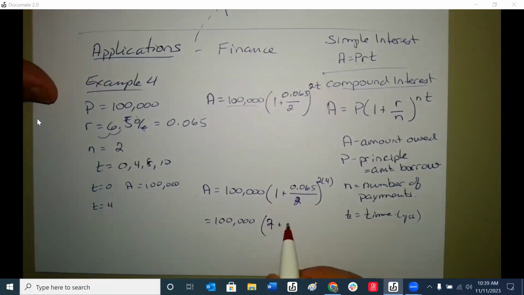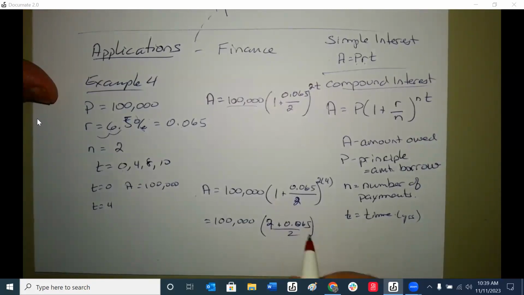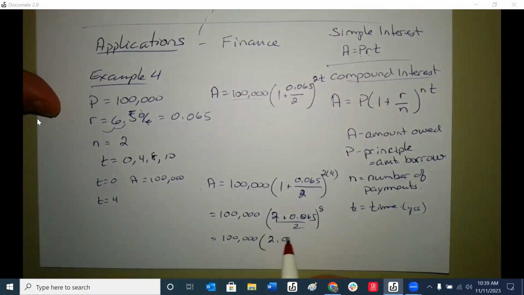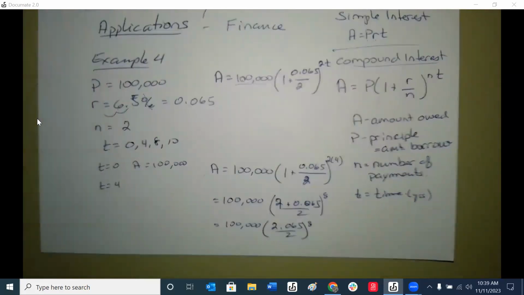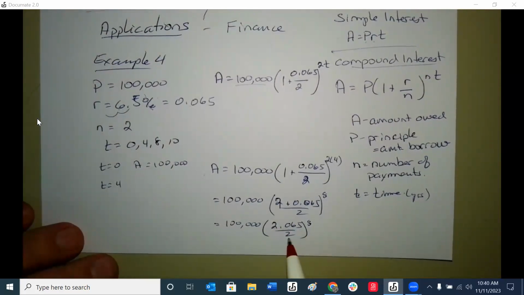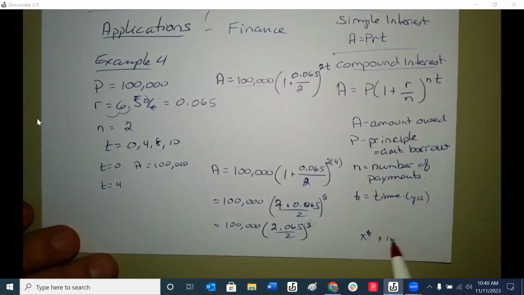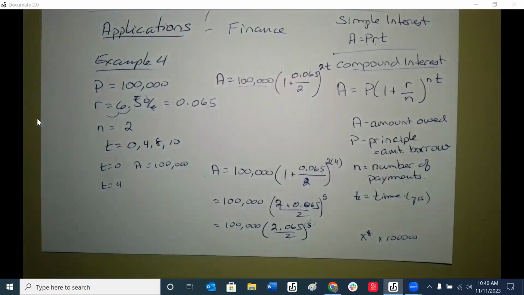So it's 2.065 over 2, to the power 8. Type in your calculator, do this first, 2.065 divided by 2, look for your key that looks like this, press that, enter 8. Then times 100,000. You'll get your answer. You do that for all of those.